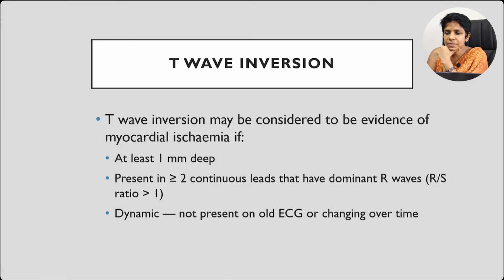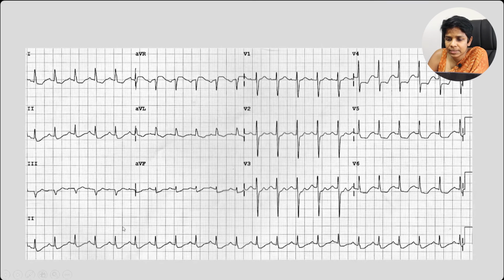To take T wave inversion as significant, it again should be more than 1 millimeter in depth and should be present in more than 2 contiguous leads. And if it is dynamic, that means if it is present in one ECG and not present in others, then it significantly shows myocardial ischemia. This is an example of an ECG of a patient who had non-ST elevation MI.